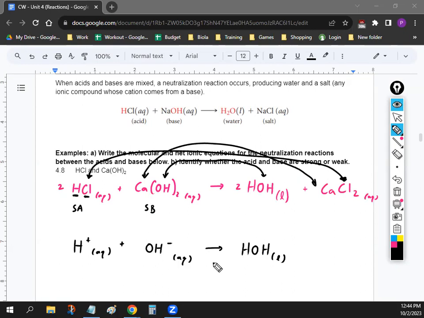Both of these start aqueous, but then they become water, so they become a liquid. Here you will have 2 for each, and that's going to be it. But if you didn't have the 2s, that's totally fine, because if you divide by 2, it's the same thing. So you can leave the 2s on, or you don't have to. Either way, this is your net ionic, and this is your molecular.